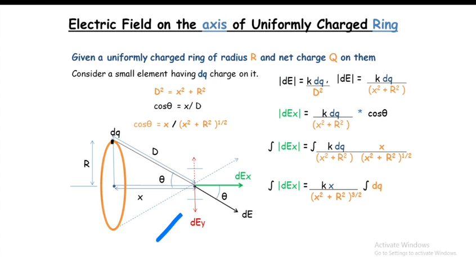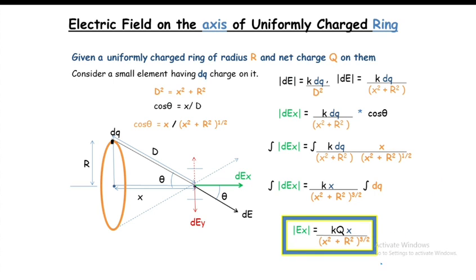So x is fixed here, and the integral of dq will be equal to the net charge on this ring, which is already given here, which is equal to q. So we end up with this equation: electric field Ex is equal to kqx by (x square plus r square) to the power 3 by 2, in the direction of the x-axis or axis passing through the center.